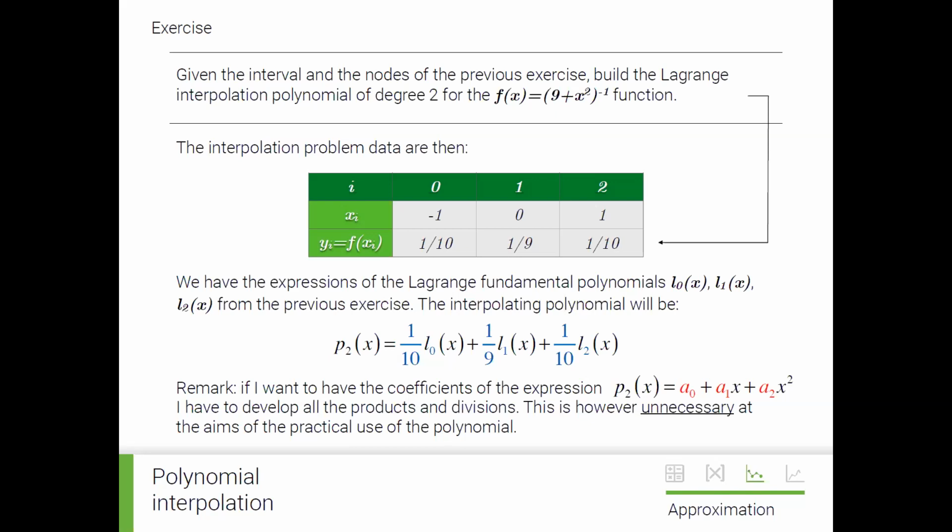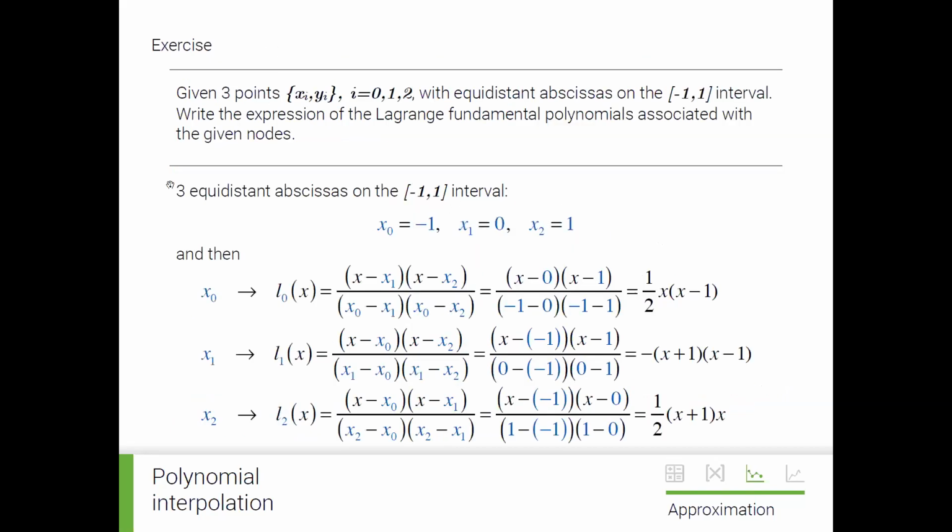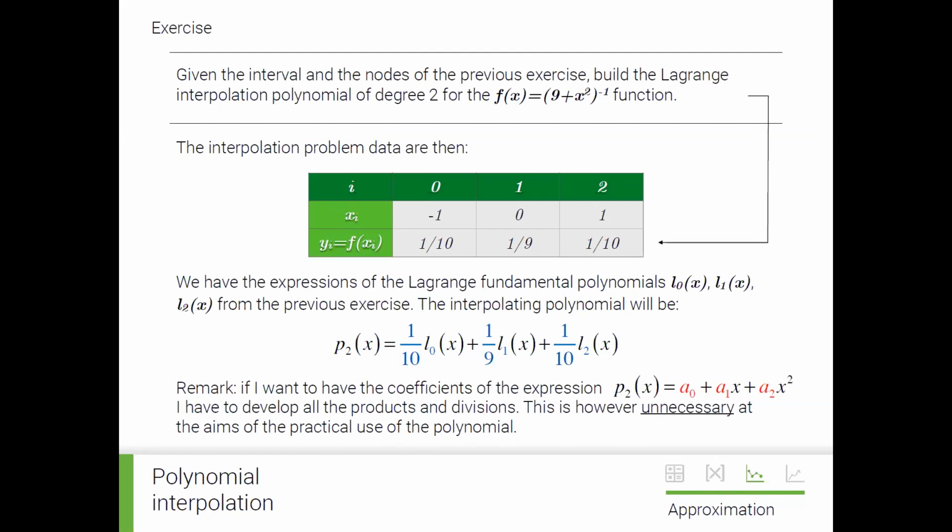So the nodes are the same as in the previous example, 3 equidistant abscissas on the interval -1 to 1. Now we have the function values yi equal to f of xi.